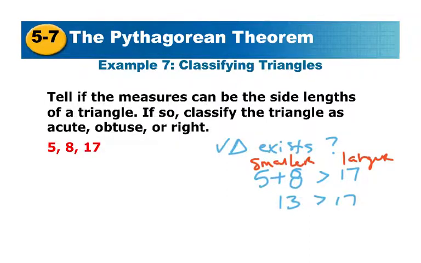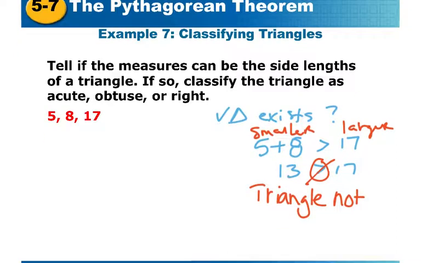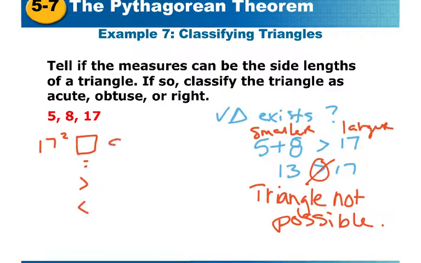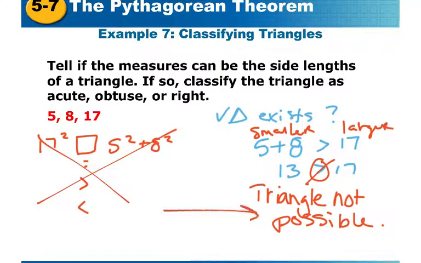And 13 is not bigger than 17, and so this triangle doesn't even exist. But again, if it did, you would have gone through and said, 17 squared, is that equal to, greater than, or less than 5 squared plus 8 squared? But of course we couldn't do that part because the triangle wasn't possible.